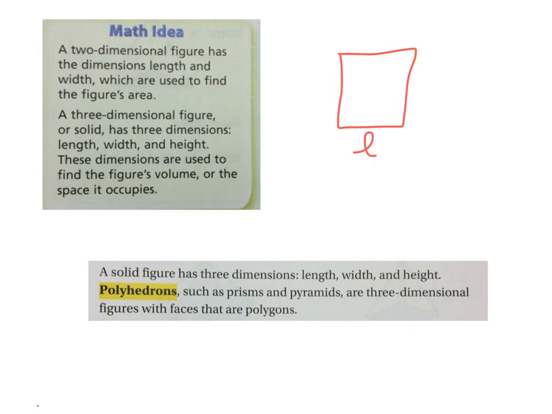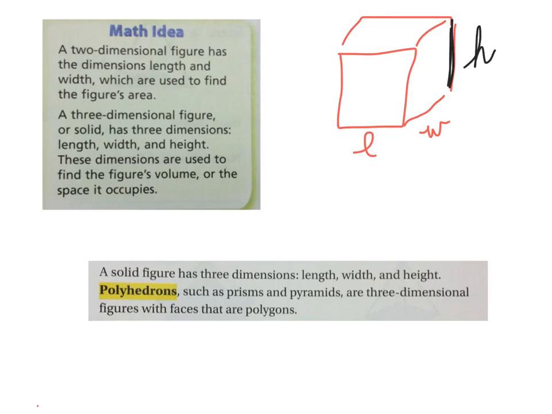Now, a 3-dimensional figure is sometimes also called a solid. Guess how many dimensions it has? 3. It has a 3rd dimension, which is the height. If I take my 2-dimensional figure, and this is the width, and I add a 3rd dimension right here, which is the height.